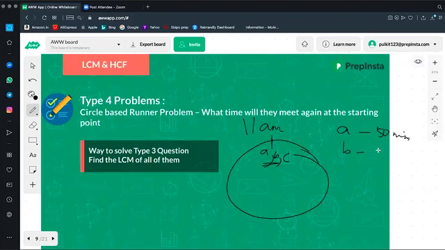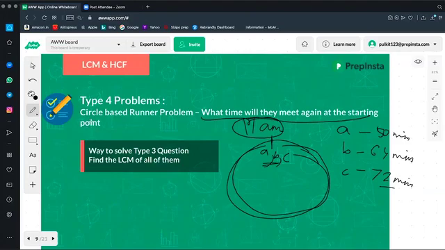B takes 64 minutes, and C takes 72 minutes. What time will they meet again at the starting point? In those questions as well, we simply find the LCM of the three numbers. Is that clear, everyone?